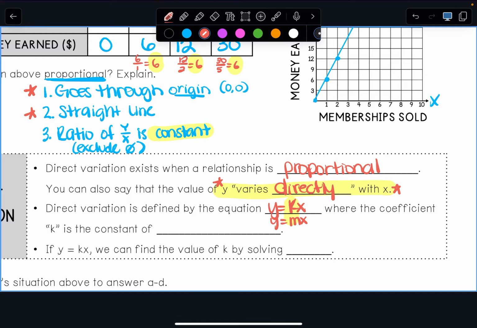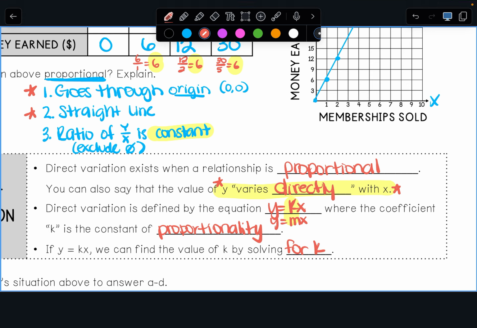Where the coefficient k is known as the constant of proportionality.